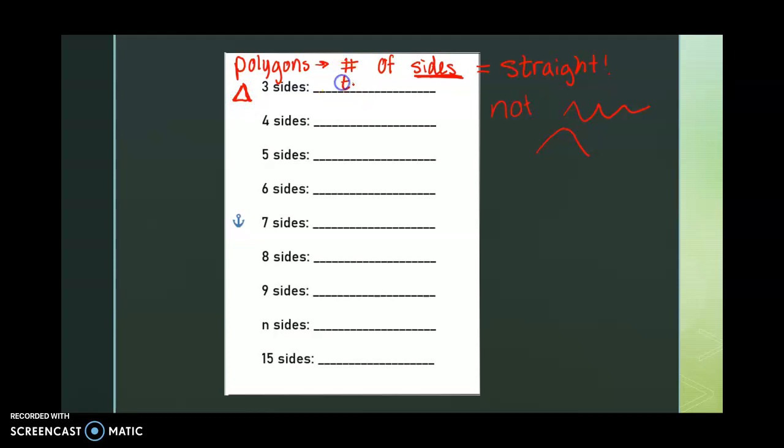So we're just going to write the names down, the ones we know first here. So we know triangle. 4 sides. I'm sure some of you automatically thought square, but more broadly, because we don't know for sure that all the sides are the same, we're going to go with rectangle.